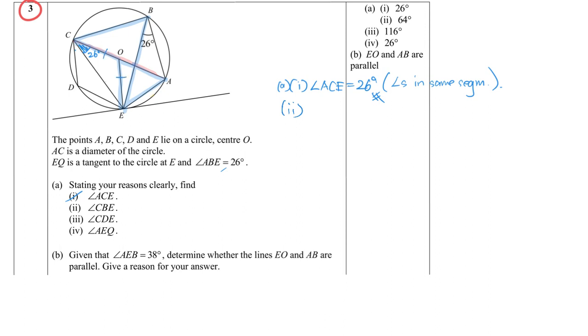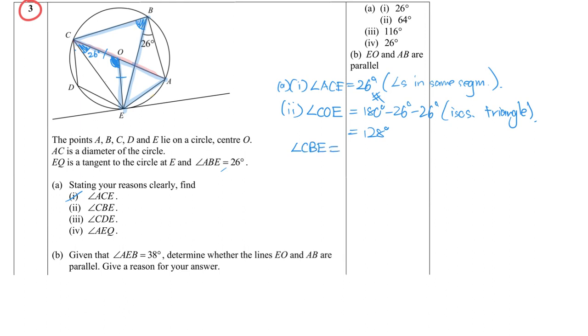Yes, can you see that the triangle COAE is an isosceles? So therefore, angle COE can easily be found using base angles of an isosceles. And that would be 128, isosceles triangle. Now once we know this, we can do angle at the center is twice the angle at the circumference to find angle CBE.